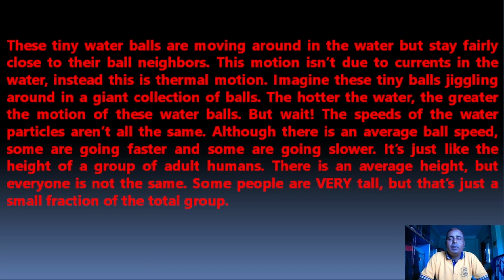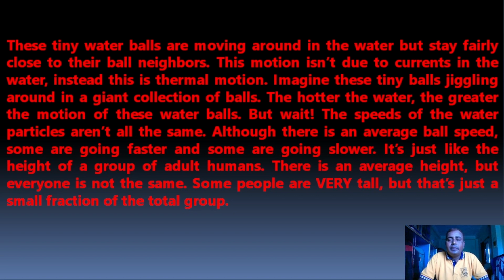These teeny water balls are moving around in the water but stay fairly close to their ball neighbors. This motion isn't due to currents in the water. Instead, this is thermal motion. Imagine these teeny balls jiggling around in a giant collection of balls. The hotter the water, the greater the motion of these water balls.